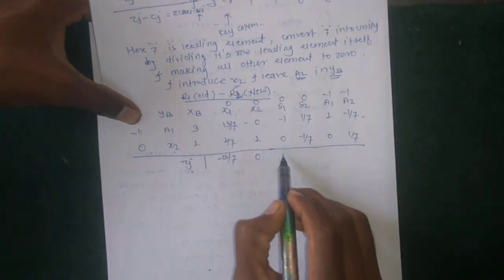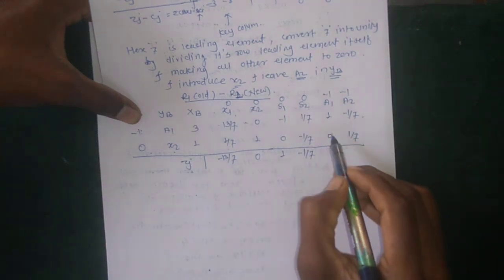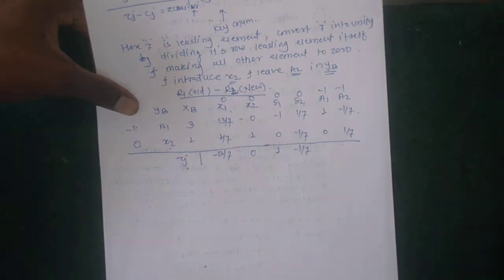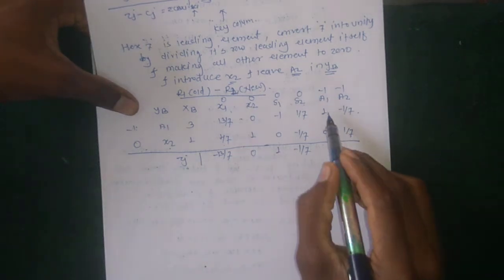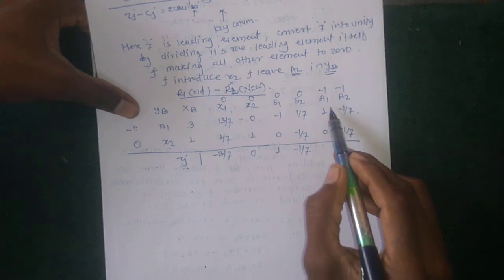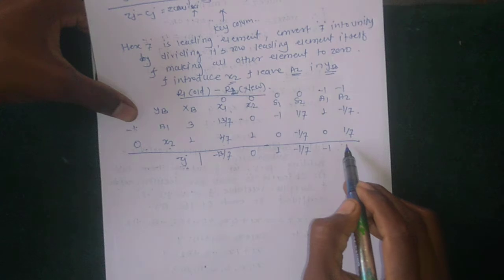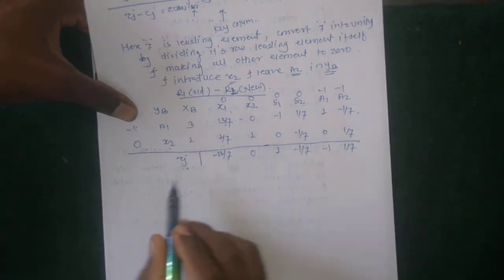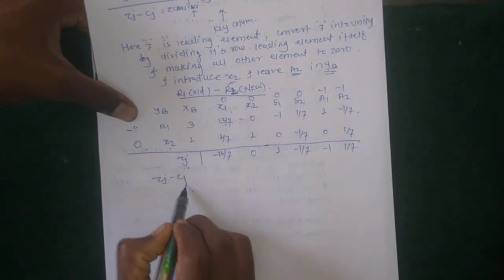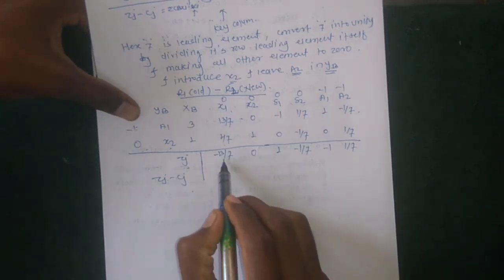For here 1, for here -1/7, for here -1 and here +1/7. So what is zj minus cj?